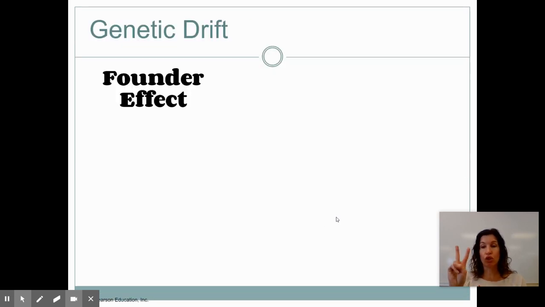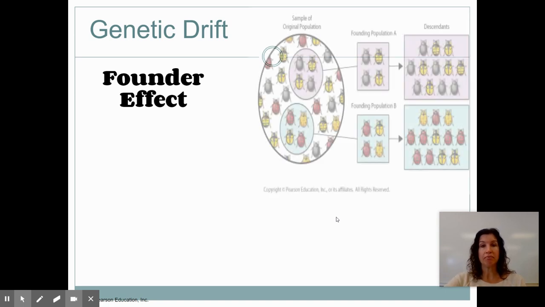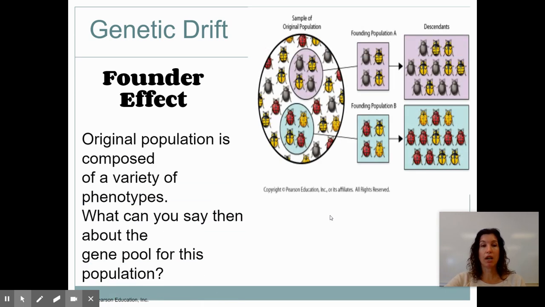All right, there's 2 types of genetic drift. One is founder effect. So in here, an original population is composed of a variety of phenotypes. You can see here's our original population, a variety of phenotypes. Let's say from this big group, we have 2 groups that then go off and found their own populations. So founding population A is just made up of these yellow and black beetles.